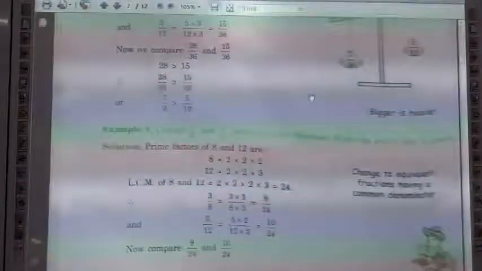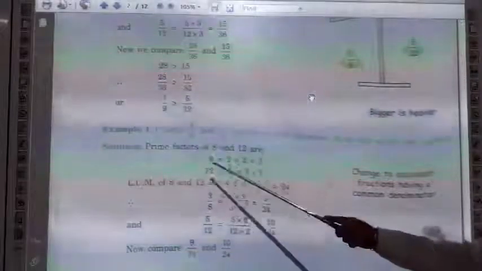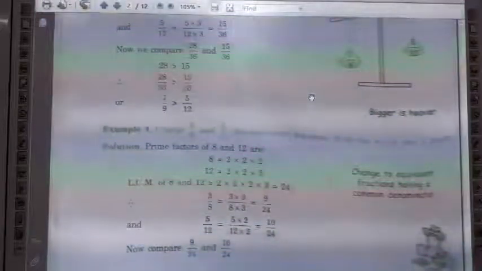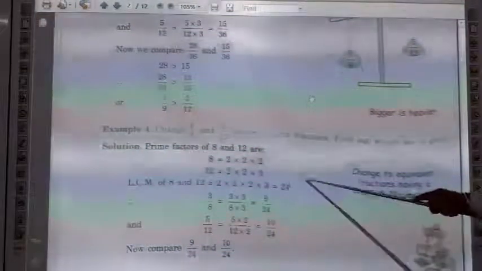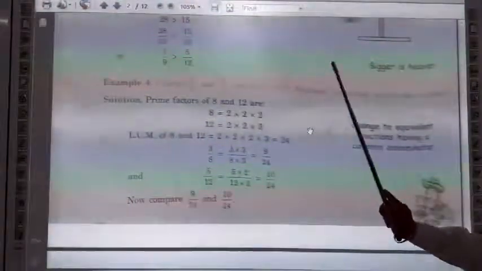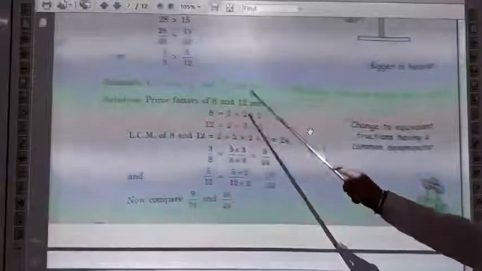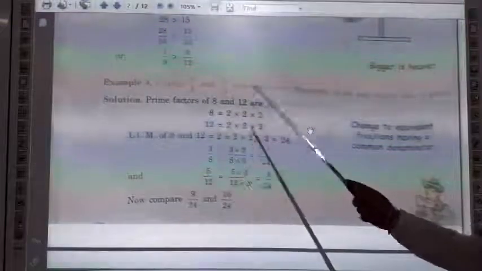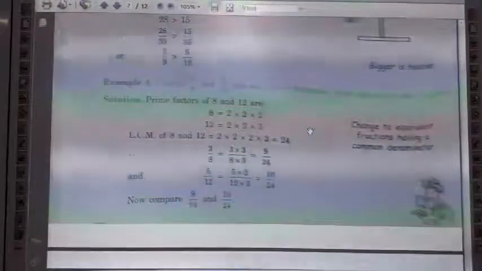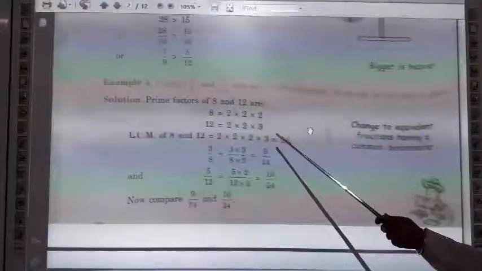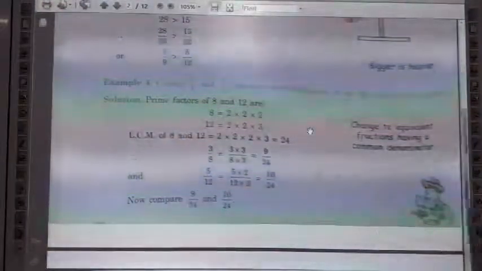Now next example, change 3/8 and 5/12 into equivalent fractions. Find out which one is greater. Okay. Now solution is, prime factors of 8 and 12: 8 is equal to 2 multiplied by 2 multiplied by 2, and 12 is equal to 2 multiplied by 2 multiplied by 3. LCM of 8 and 12 is equal to 2 multiplied by 2 multiplied by 2 multiplied by 3, which is 24.